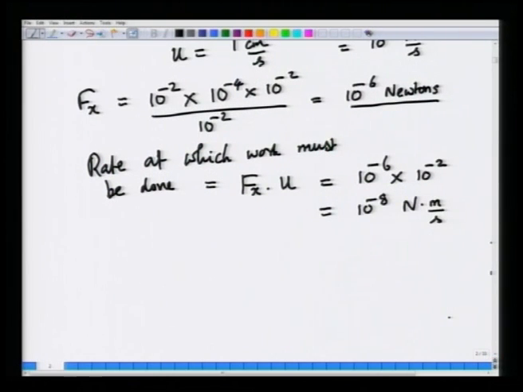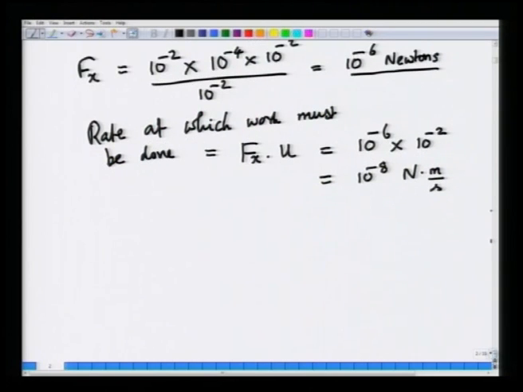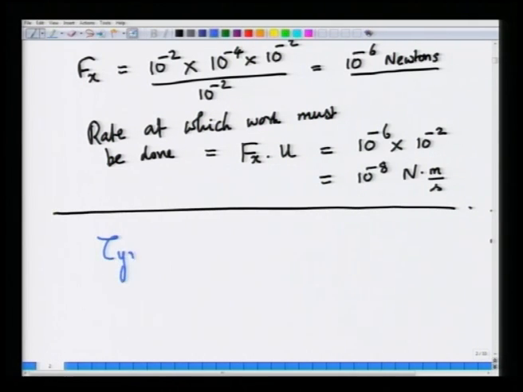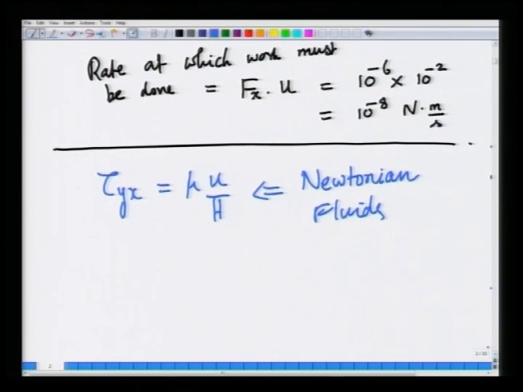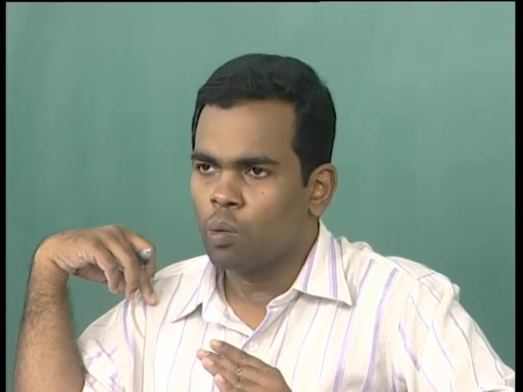So, this is one simple example of this equation that we just wrote down for a simple fluid. We also said that this relation, mu u by h, describes what are called Newtonian fluids. This is only an expectation that the stress must be directly proportional to the rate of deformation, but it turns out that many commonly encountered liquids respect this expectation.